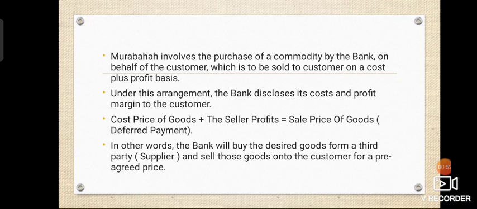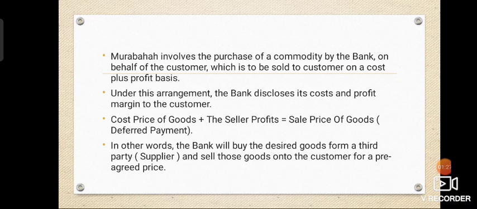Murabahah involves the purchase of a commodity by the bank on behalf of the customer, which is to be sold to the customer on a cost plus profit basis. Under this arrangement, the bank discloses its cost and profit margin to the customer. Here is the formula for the cost plus profit basis: cost price of goods plus the seller's profit gives the sale price of goods, which is the deferred payment.